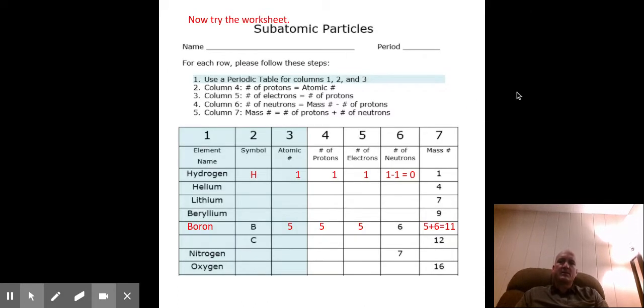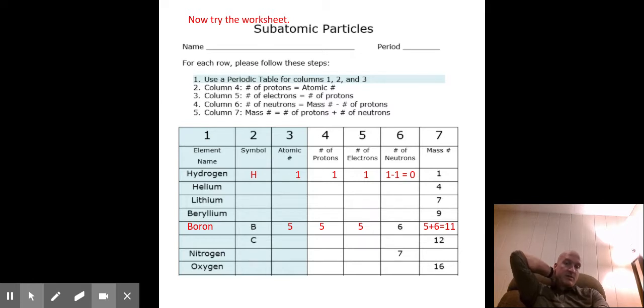We'll practice this here. All right, so they're in blue on this table. You can see these are things that you can look up on your periodic table. So hydrogen is the name. Symbol is H. That's on your periodic table. Atomic number 1. Now the white columns are things we have to figure out. They give us the mass number is 1.